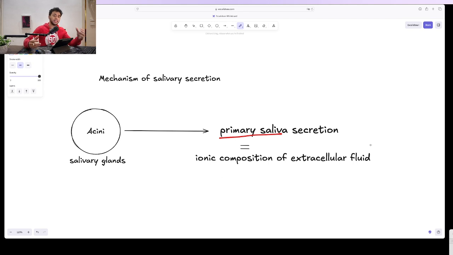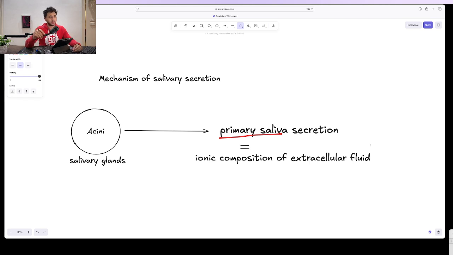Wasting this much sodium every day is a waste of a valuable electrolyte. So what our body will do is reabsorb the sodium by active transport.